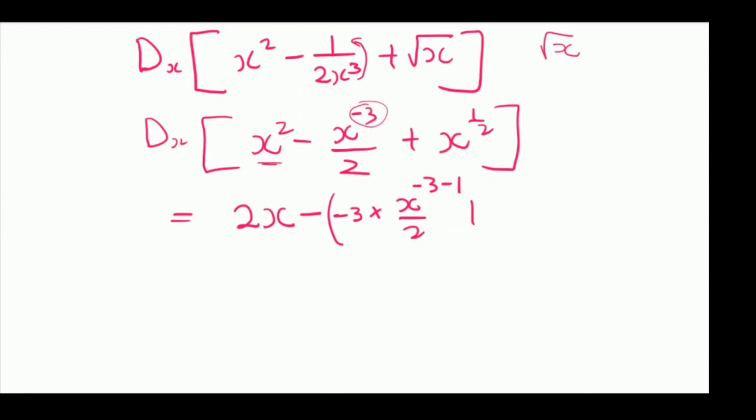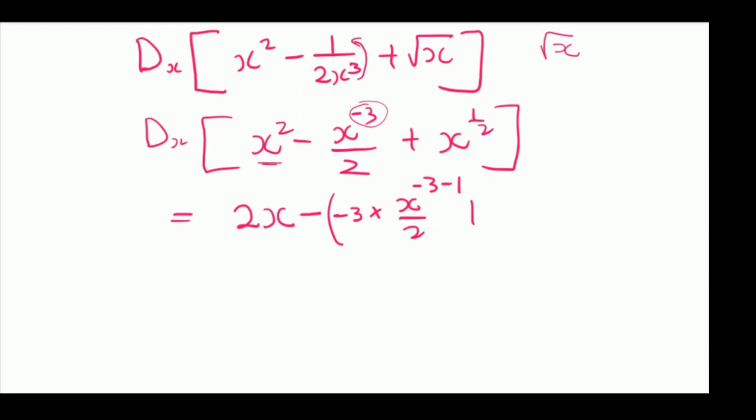So we have 2x plus, because the negative multiplies the negative, 3 over 2 x to the power of minus 4 over 2 plus 1 over 2 x to the power of, so 1 over 2 minus 1 will give you minus 1 over 2, right?